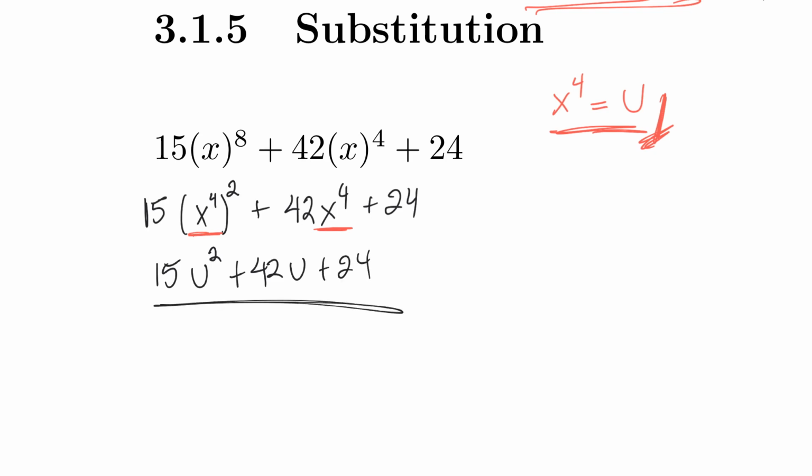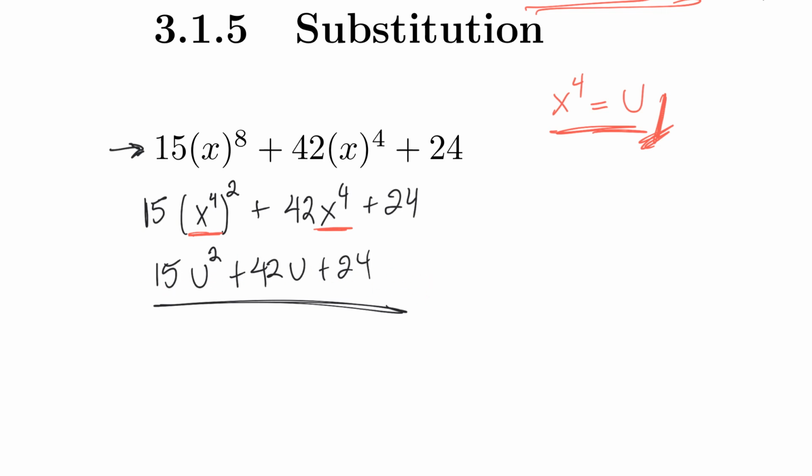Did you see that this polynomial looks way better than this? We now have a square, a 1 instead of a 4, and a constant right here. So with this polynomial in this shape, we can apply the AC method to factorize it.